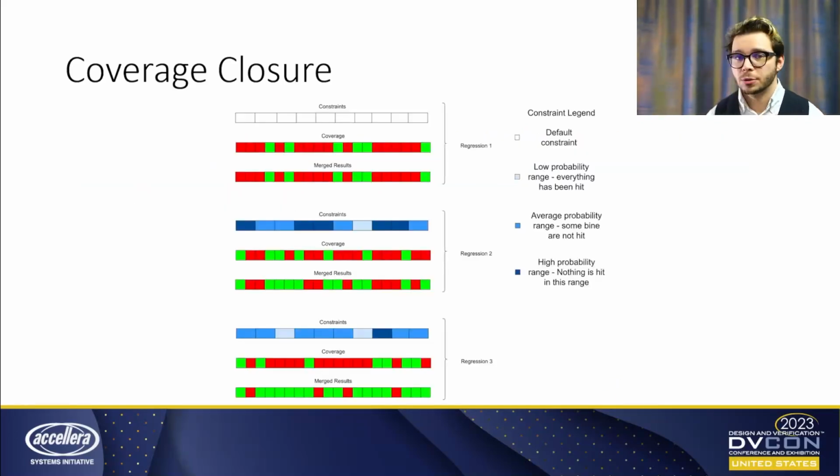So getting back to how our script is supposed to work, we run a regression. We don't change the constraints at all. We see what the results are. And then on the following regression, based on the results, we are going to change the intervals and also increase and lower the weights of certain intervals.